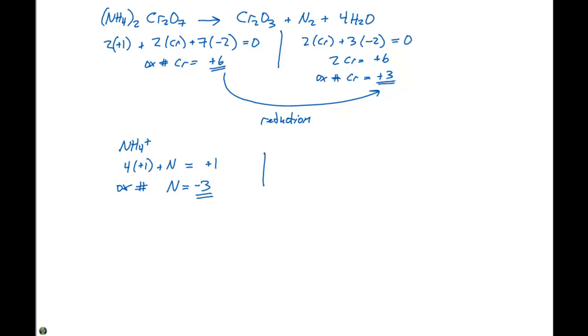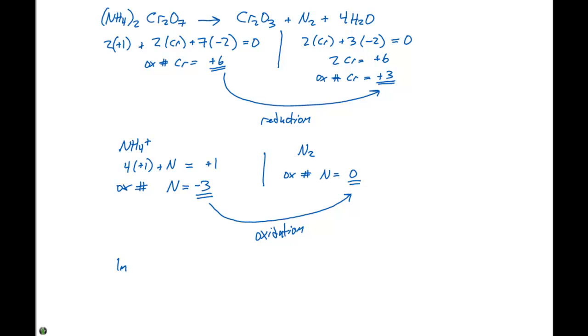Over on the product side, we have nitrogen existing as N2, which is in its elemental form, so the oxidation number of nitrogen here is going to be 0. When we go from -3 to 0, our number is getting larger, so we call this oxidation.